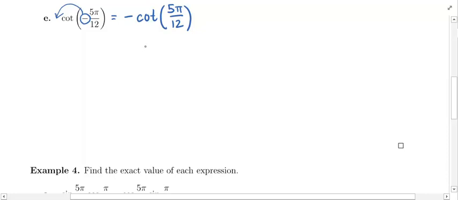So we can focus on finding two angles that add or subtract to be 5 pi over 12. Once we compute the cotangent of 5 pi over 12, we will just multiply it by -1. That's what that negative sign is out there for.